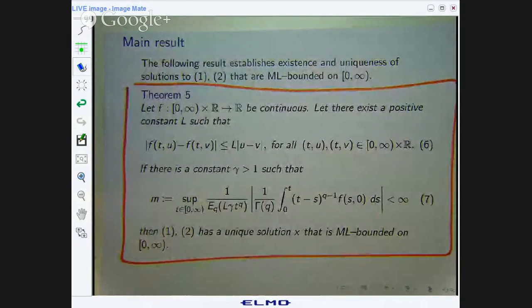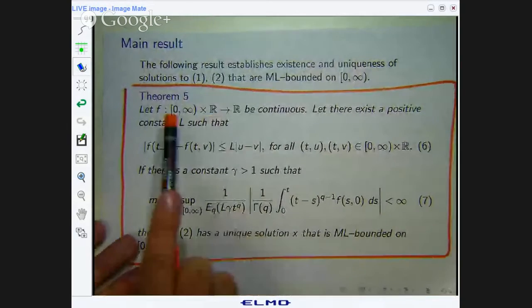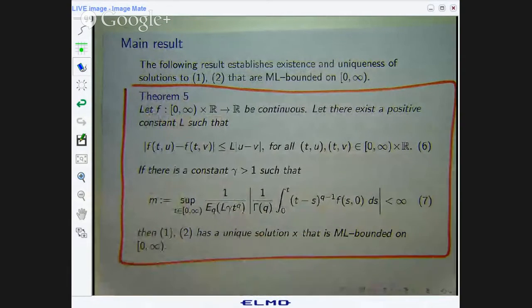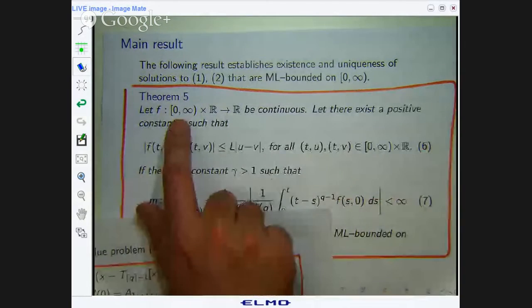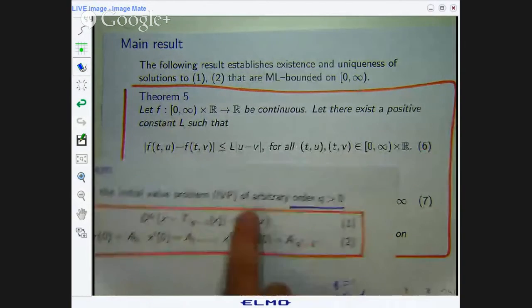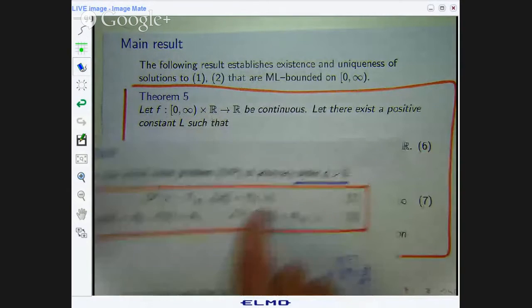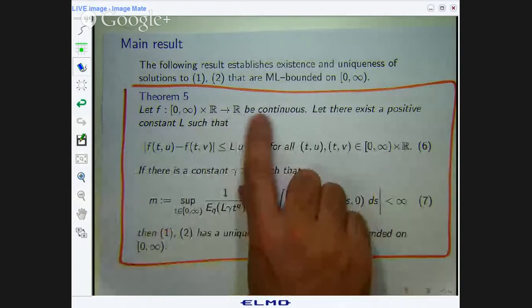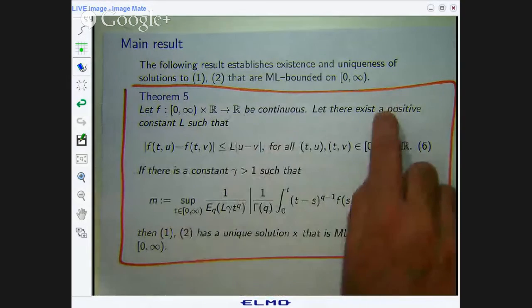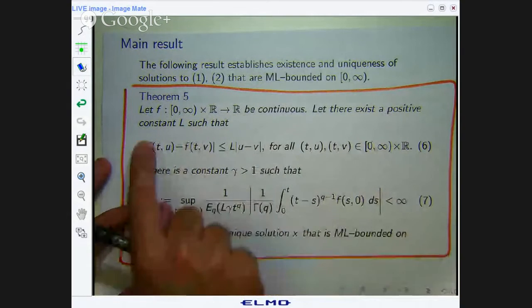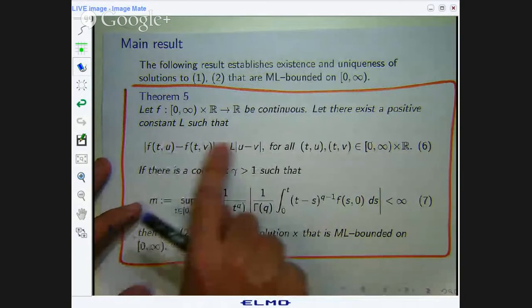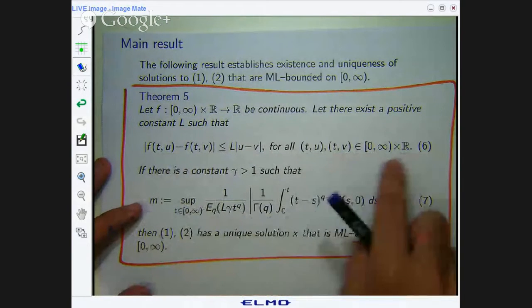All right. So suppose f is the f here, the f in the right-hand side of the problem. This f is defined on the half line for the t variable and the whole real line for the x variable. And suppose it's real valued and continuous. Suppose that there is a positive constant L such that f satisfies this inequality for all pairs of points in this set.